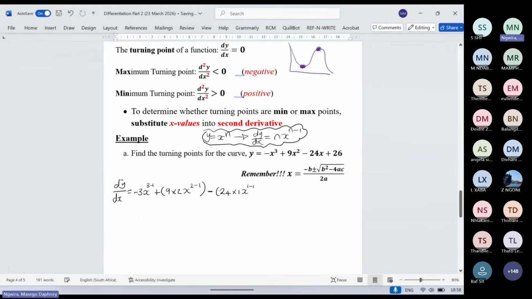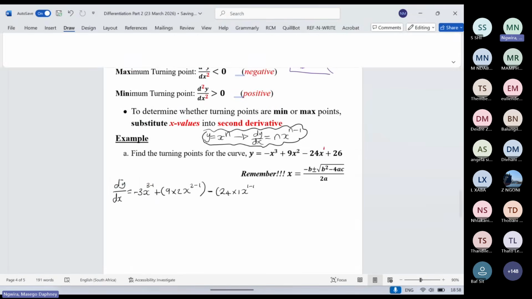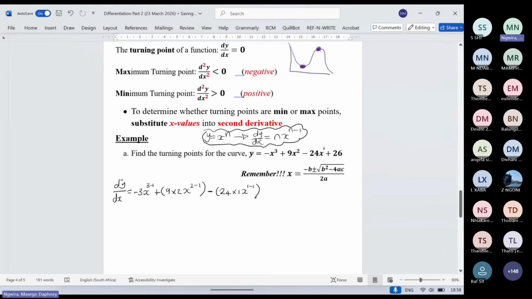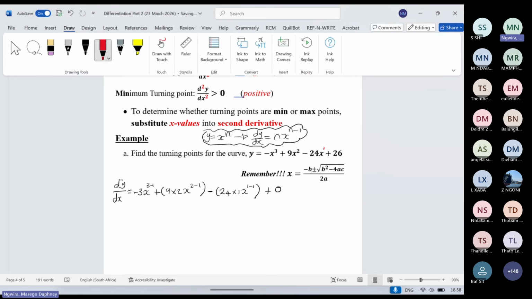And then plus 0. The derivative of a constant is 0.